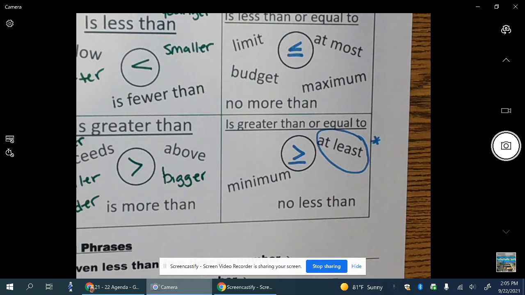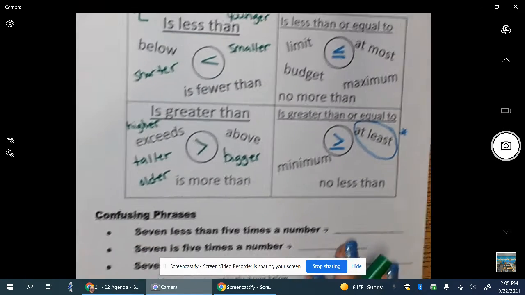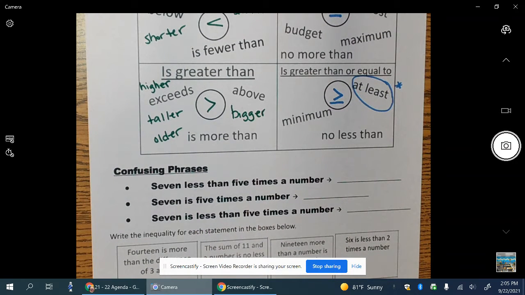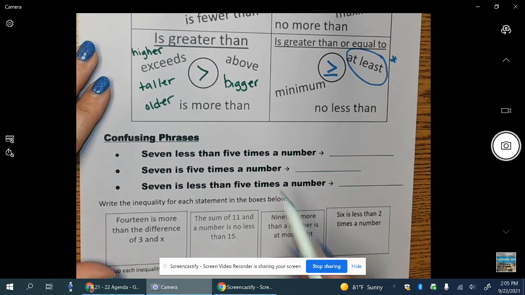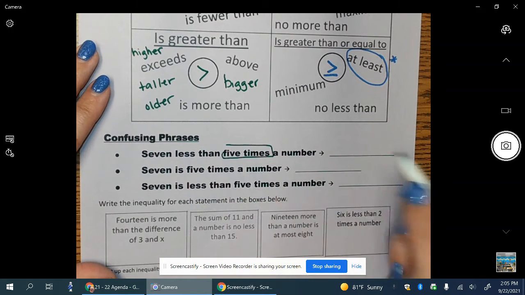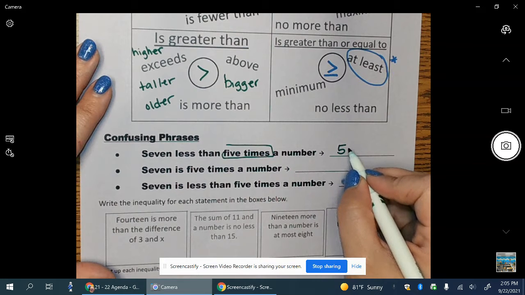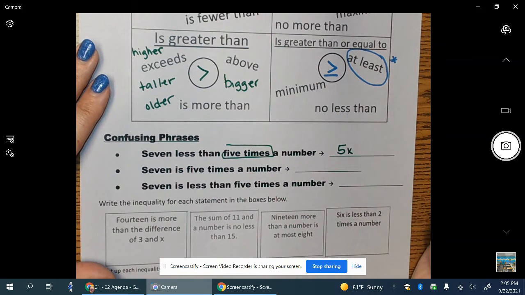Okay? All right, so here are some confusing phrases they like to use a lot. These are 3 types. 7 less than 5 times a number. Which part of that seems easy to tackle? 5 times a number. That seems like the easy part. What is 5 times a number? 5x, 5n, whatever.